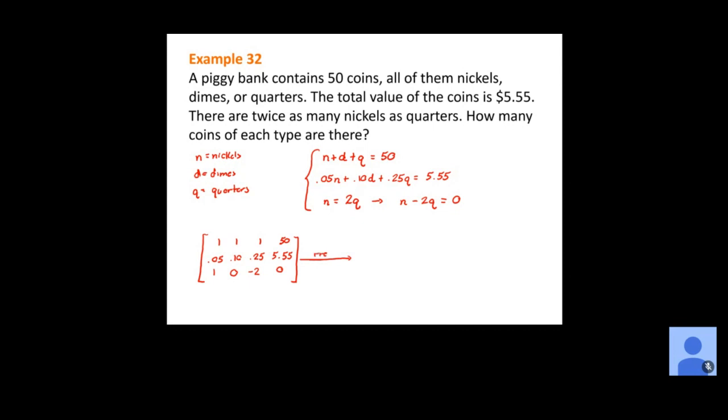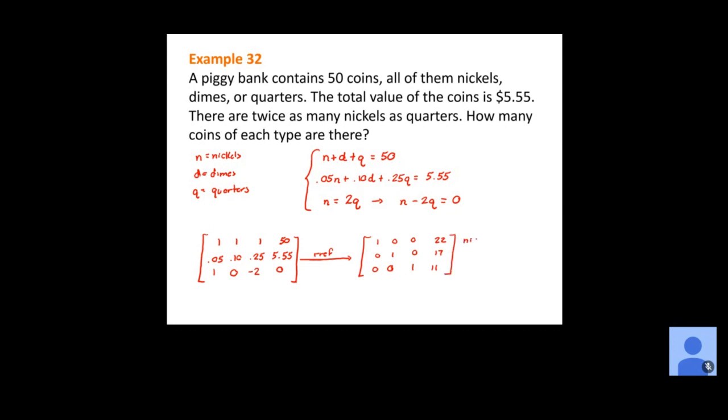And if we do that, we put it into our matrix, we do our reduced row echelon form, that should give us 22, 17, and 11.